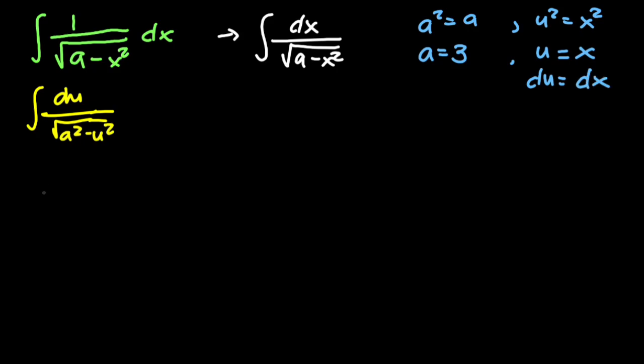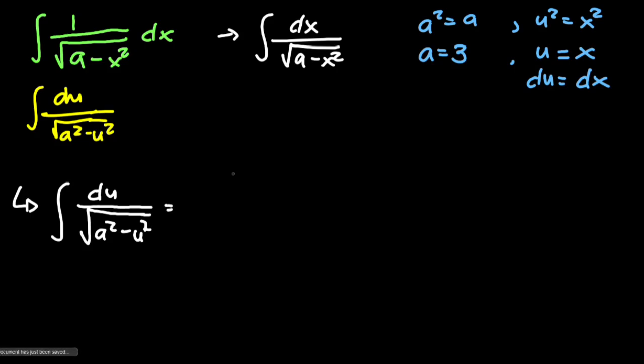Now that we have assigned all our values, dx here is equal to du over the square root of a squared, here 9, minus u squared. So according to the formula I gave earlier, it will become this answer.